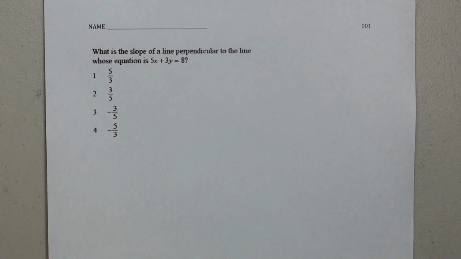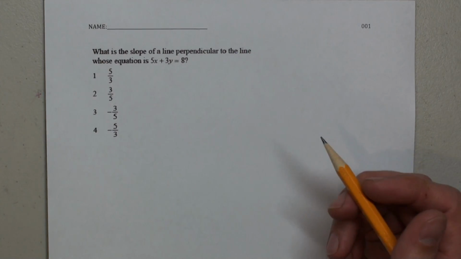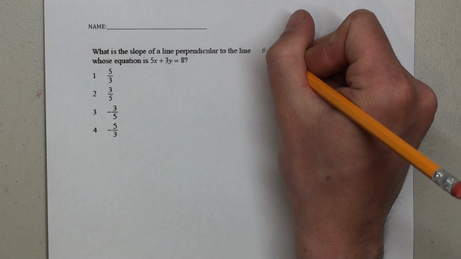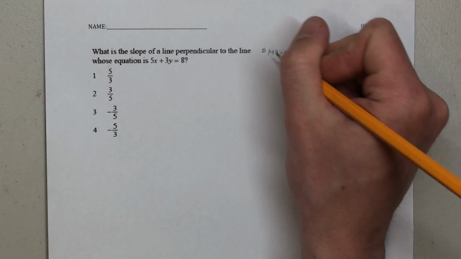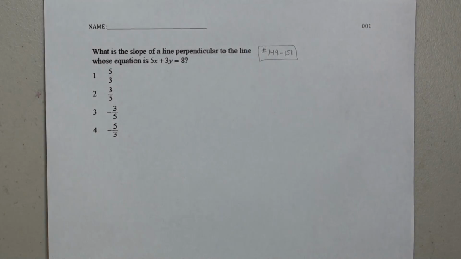And if you need to look up, let me just sharpen this. If you want to know what index cards you'd have to know for this, it would be number 149 through 151. Alright, those are the study cards that you would need to know.